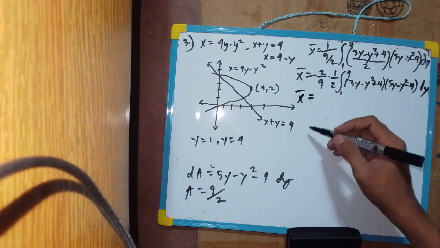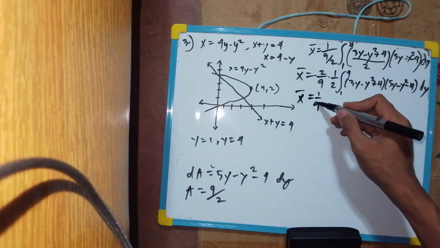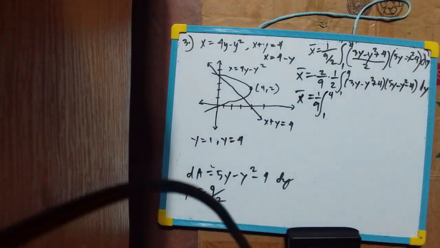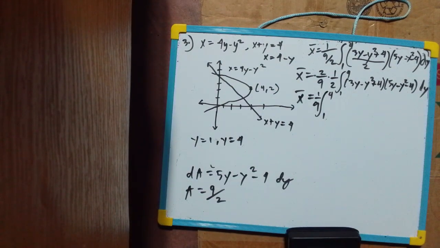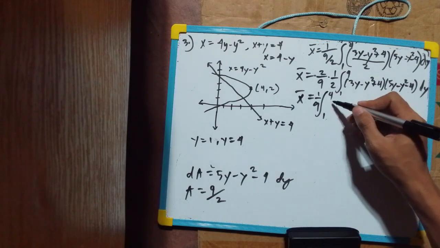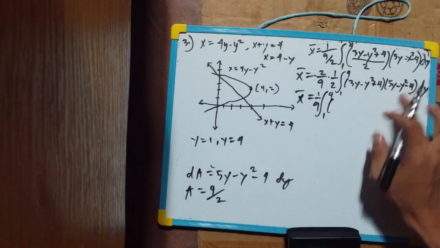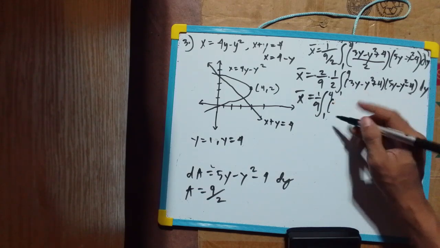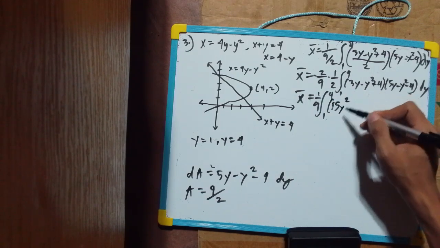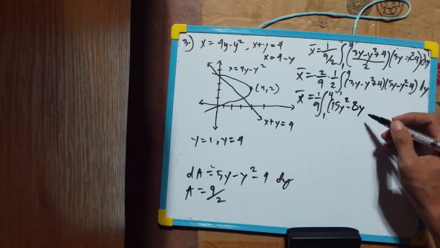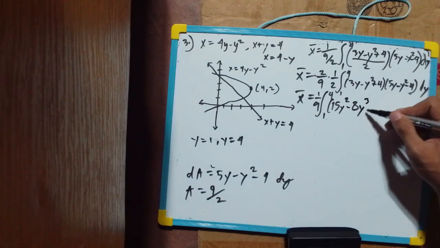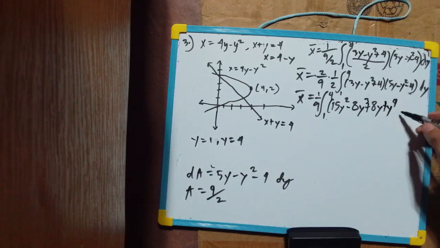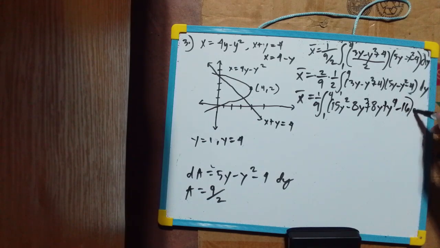So x mean is 1 over 9 and this will become a distributive property. So this will become 15y squared minus 8y cubed plus 8y plus y to the 4th minus 16 dy.